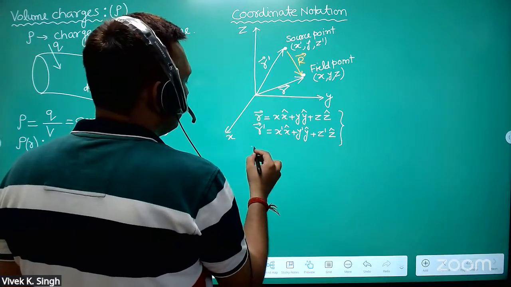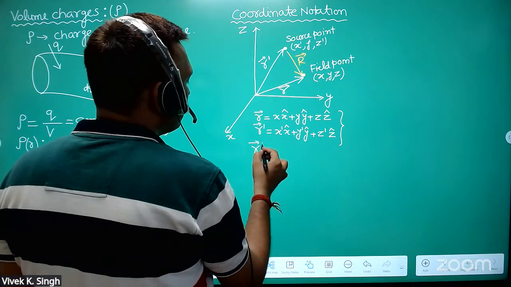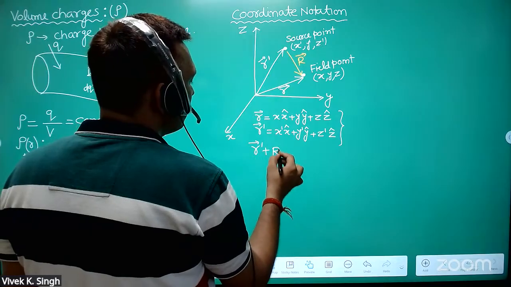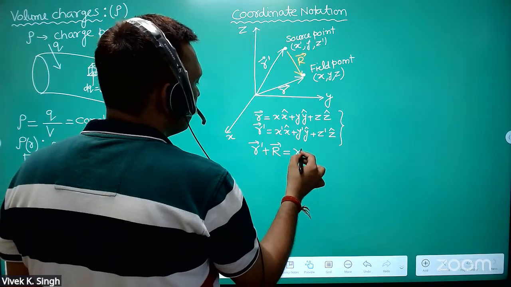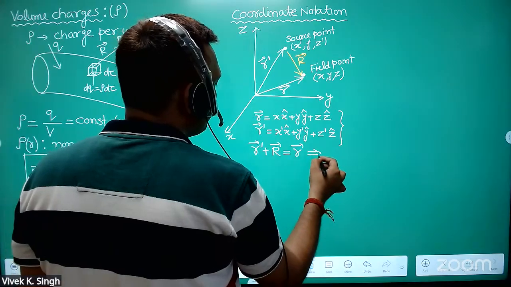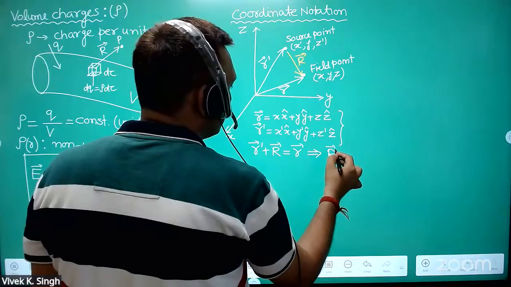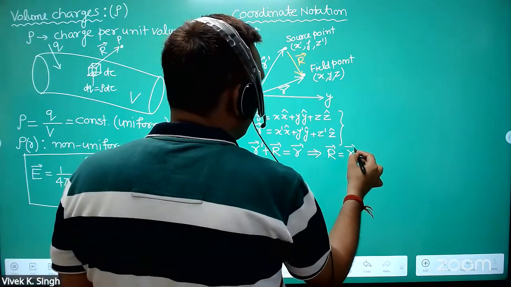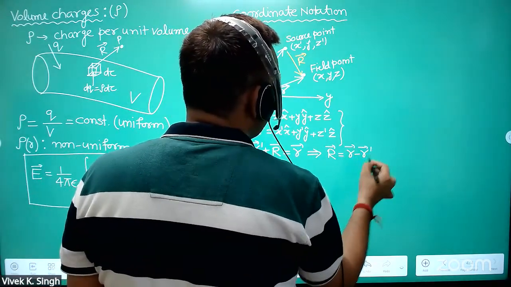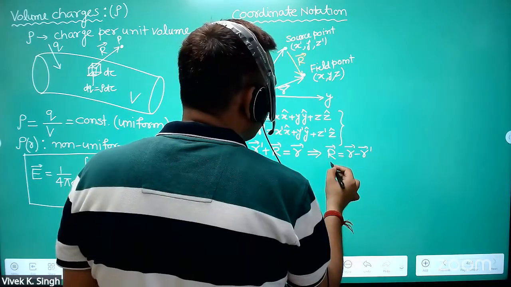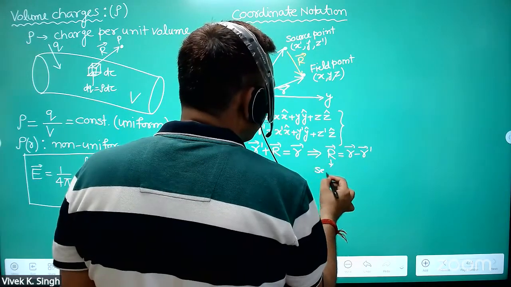And this combination of r dash and r will give you the separation vector. The separation vector is given by r minus r dash. So you can call it the separation vector.